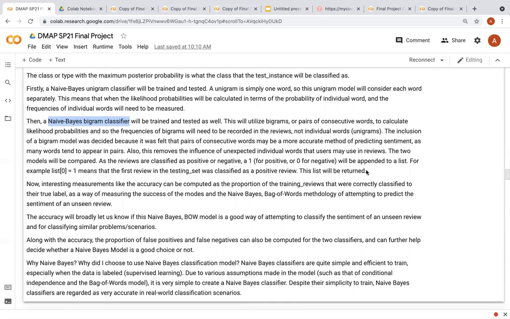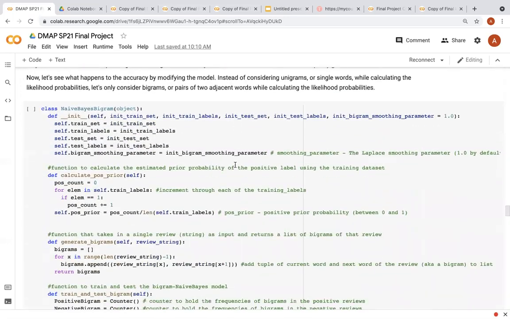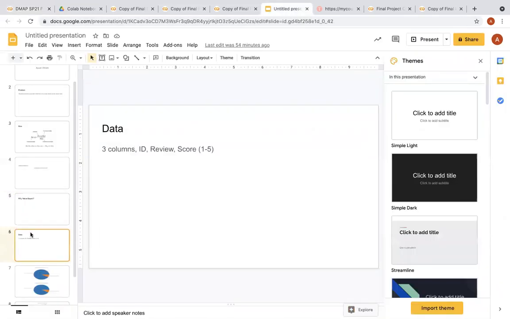and accuracy was mentioned. So let's go on to the data. The data was quite simple, in a table format, originally from Kaggle. Three columns. The first column was an ID that went from 1 to almost 107,000 rows.